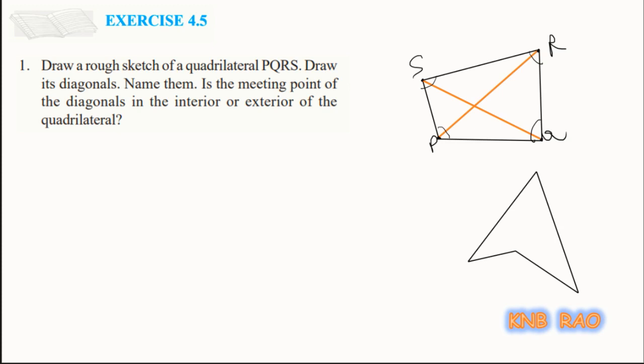Nowhere could you see an angle more than 180 degrees as in this case. Here the angle is more than 180 degrees, which we call a reflex angle. Here if I name this PQRS, one of the angles of this quadrilateral is more than 180 degrees, which is a reflex angle.